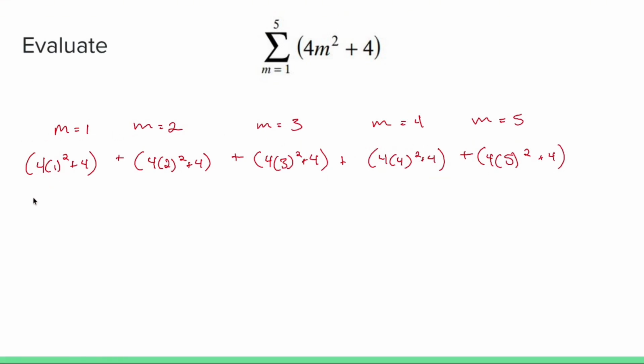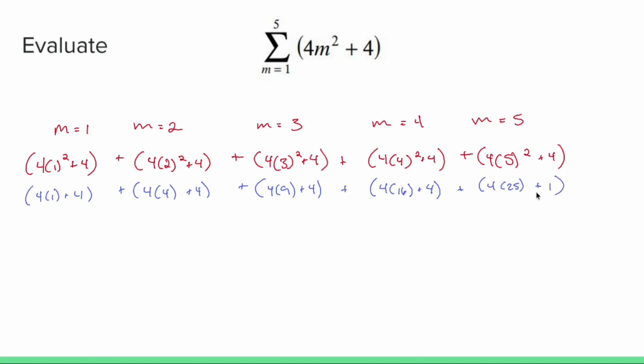Now it's just PEMDAS. 1 squared is 1, so 4 times 1 plus 4, plus 2 squared is 4, 4 times 4 plus 4, plus 3 squared is 9, 4 times 9 plus 4, plus 4 squared is 16, 4 times 16 plus 4, plus 5 squared is 25, 4 times 25 plus 4, close it.